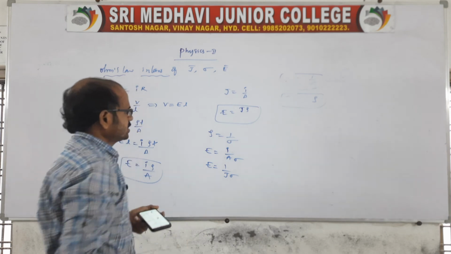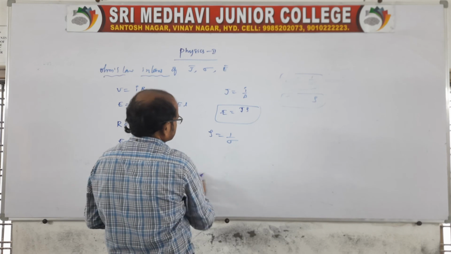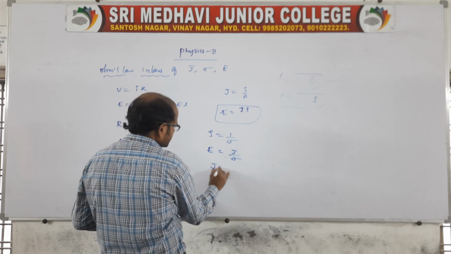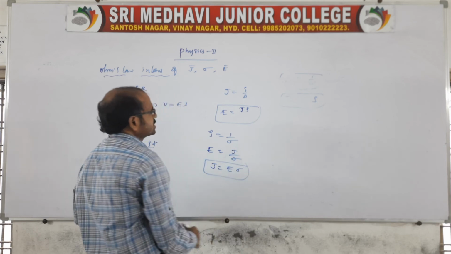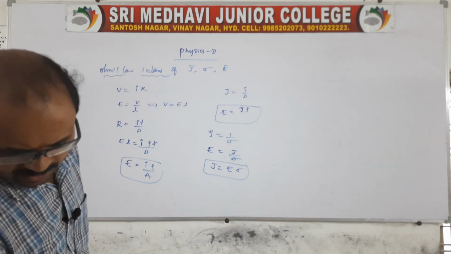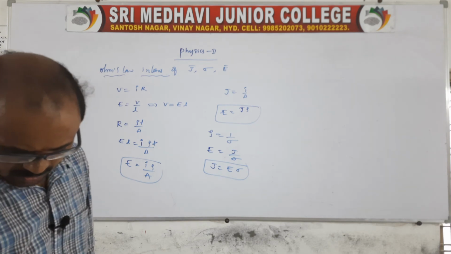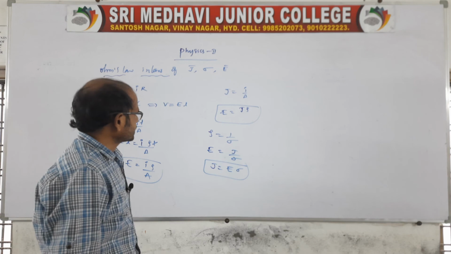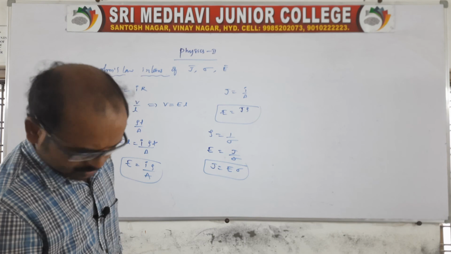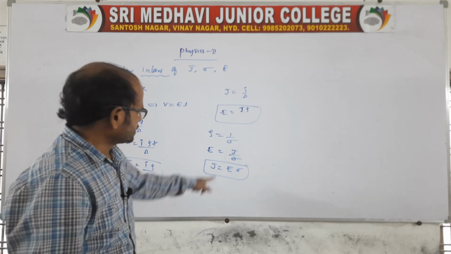So rho is nothing but this. E is equal to J by sigma. Therefore J is equal to E into sigma. These are the expressions for Ohm's law: J is equal to E sigma, and E is equal to J rho, and E is equal to J by sigma.